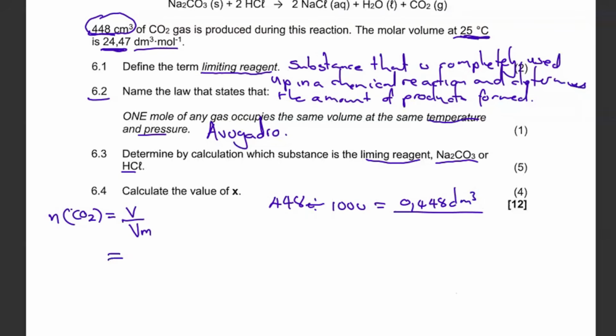So now we can automatically substitute. The volume there is going to be 0.448 over the molar gas volume, Vm there. Remember, we are given, so we're not going to use 22.4, but we're going to use 24.47.